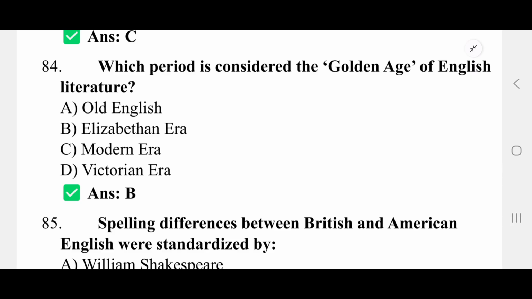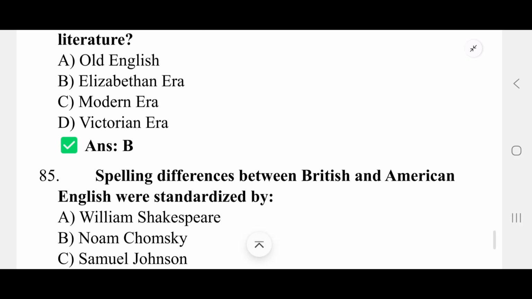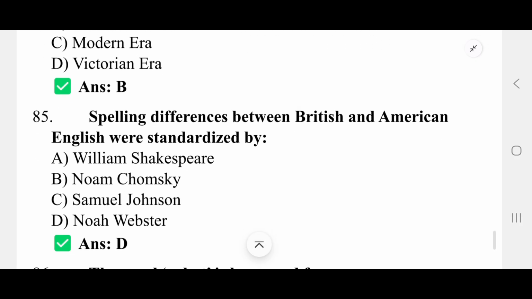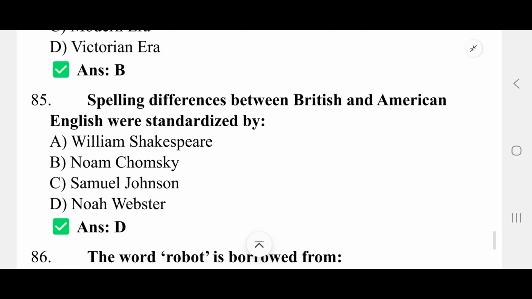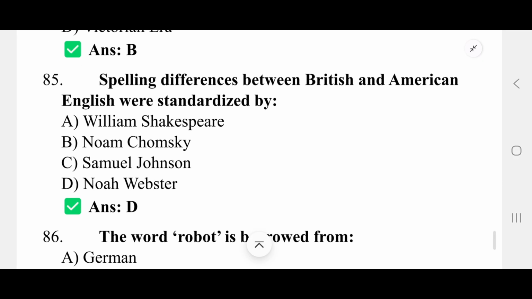Elizabethan era ആണ് the golden age of English literature എന്ന് പറയുന്നത്. അടുത്തത്, spelling differences between British and American English were standardized by William Shakespeare, Noam Chomsky, Samuel Johnson, Noah Webster. ഓപ്ഷൻ ഡി ആണ് നോ വെബ്സ്ട്രോൺ.